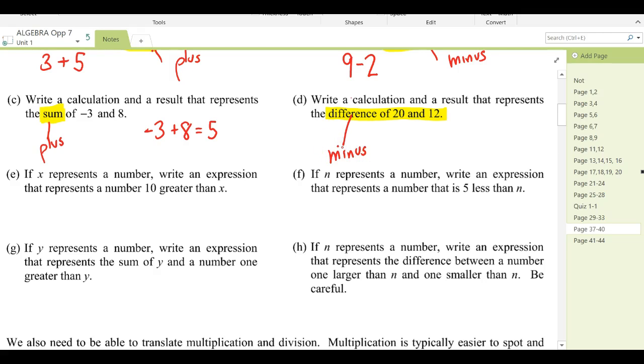Minus. 20 minus 12, 8. Say, life is good, right? So how do you get the minus? Because minus means difference. When I see the word difference, it means minus.